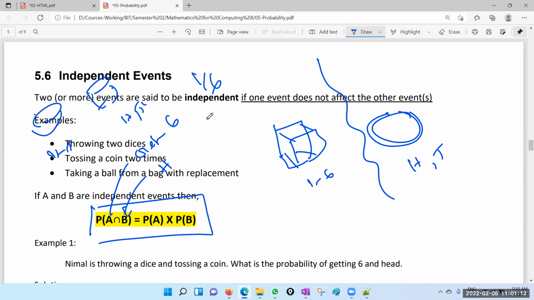What is the probability of getting head? Half. And what is the probability of getting head and 6, or 6 and head? That is 1 over 6 into half, 1 over 12. Now you can see that it is a lesser probability than getting 6, because when you get 6, maybe the coin is giving you tail.